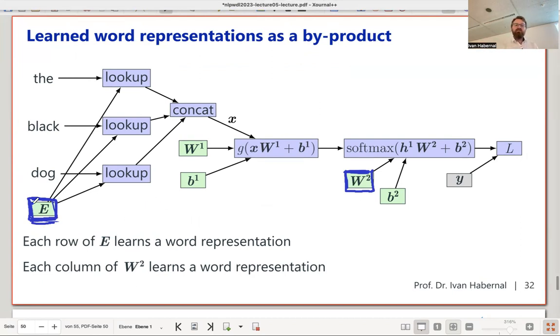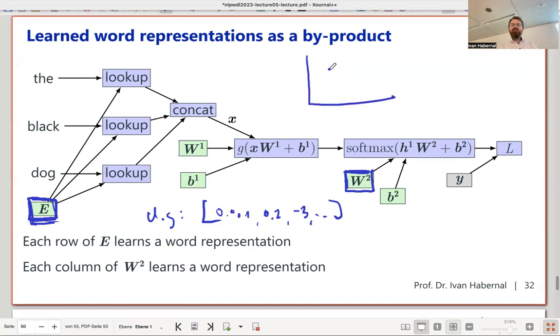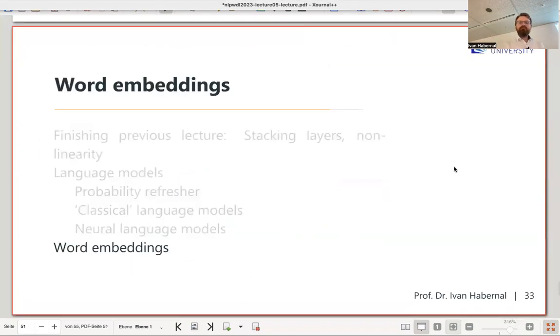You keep this matrix, and the matrix is just saying, for a dog, I have a vector of things, and maybe in some space the dog will be close to a pet, but maybe not the same as cat, or bad and good, and stuff like that. So this is what we're learning here. This will be useful not only for language modeling, but for any other purposes, as we will show later.